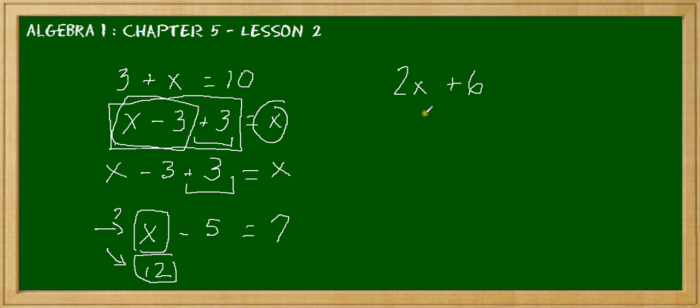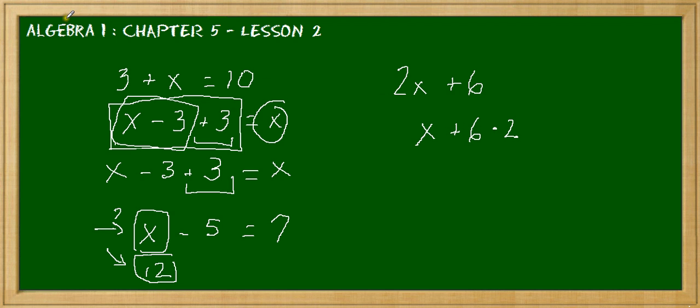Add 6 to x and multiply the result by 2. It's a little bit tricky. You've got to be careful. We're going to add 6 to x, but then we're going to multiply this result. I couldn't just multiply this by 2, because if I simply wrote it this way, I would only be multiplying the 6, according to the order of operations.